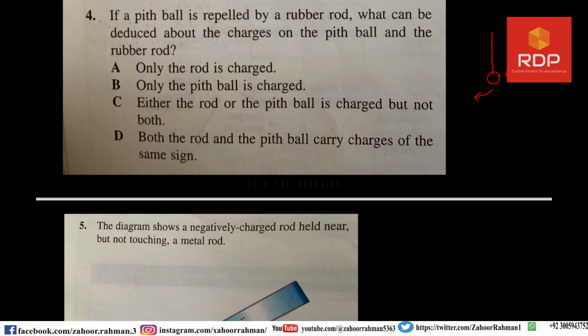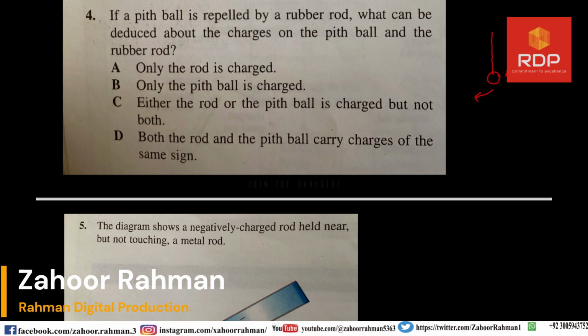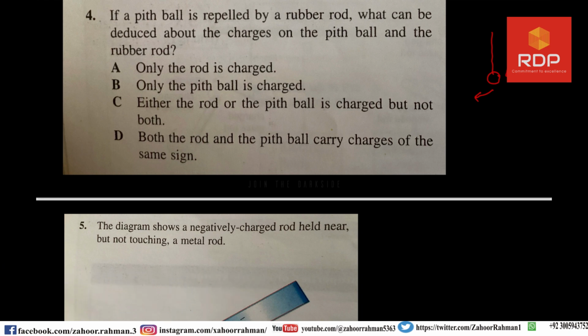The first option is saying only the rod is charged. This is not the condition for repelling. Only the pith ball is charged. This is also not a condition for repulsion. C is saying either the rod or the pith ball is charged but not both. No, it is also not the correct answer. D is saying both the rod and the pith ball carry charges of the same sign.